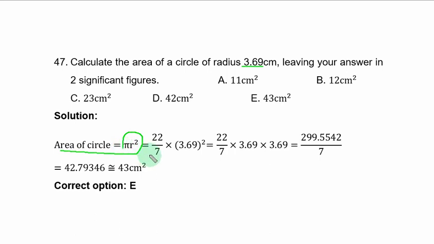That is 22 over 7 times 3.96 squared, which simplifies to this, and you have this. After division, you have this result. So in 2SF, you have 43 square centimeters. E is the correct option.